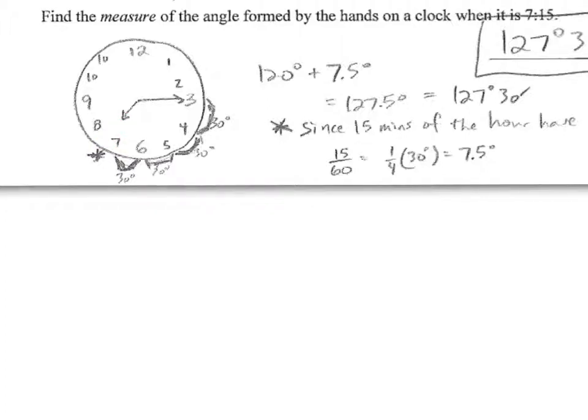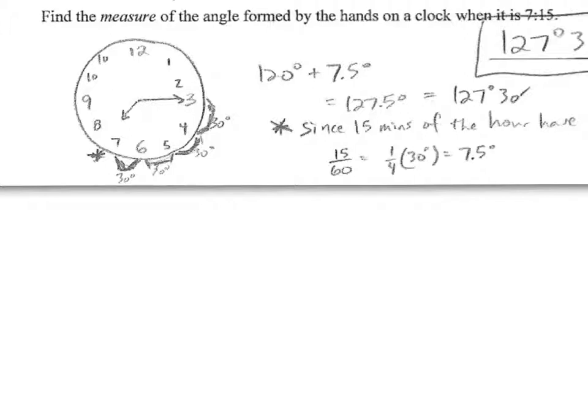But because this clock is circular, we note that there are 360 degrees for an entire rotation around that circle. Since there's 12 digits around that circle, there's going to be 30 degrees between each set of numbers, because 30 times 12 is 360.